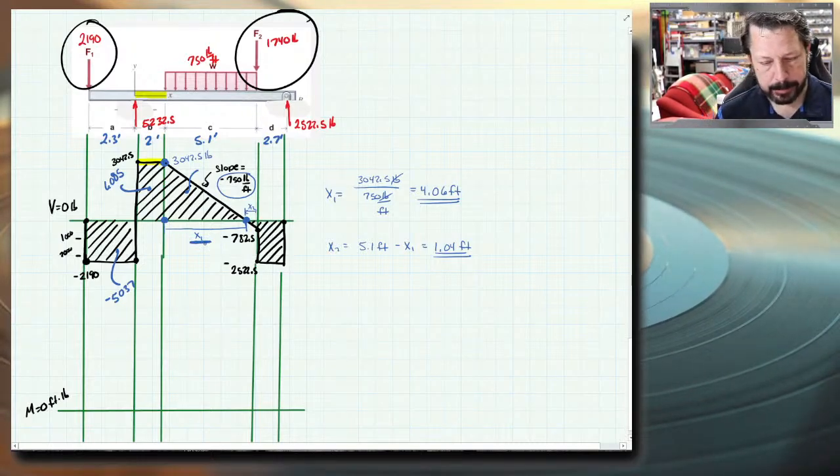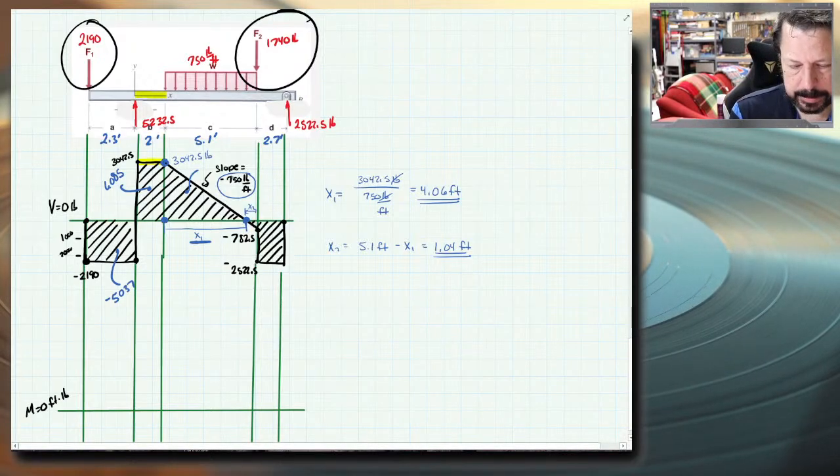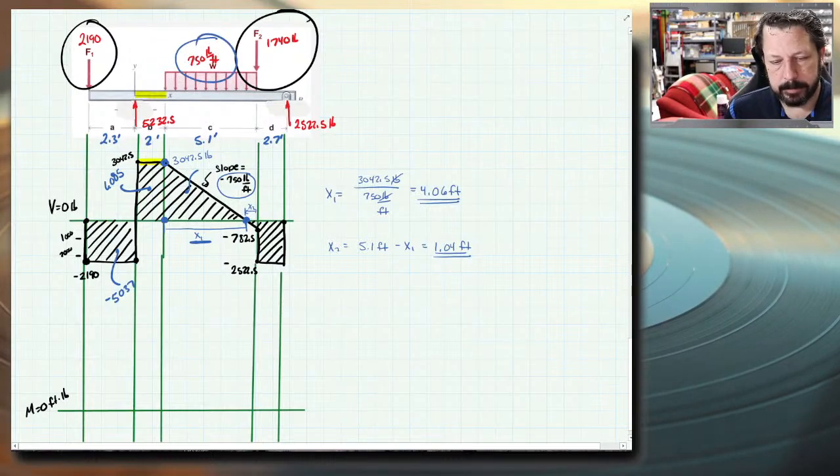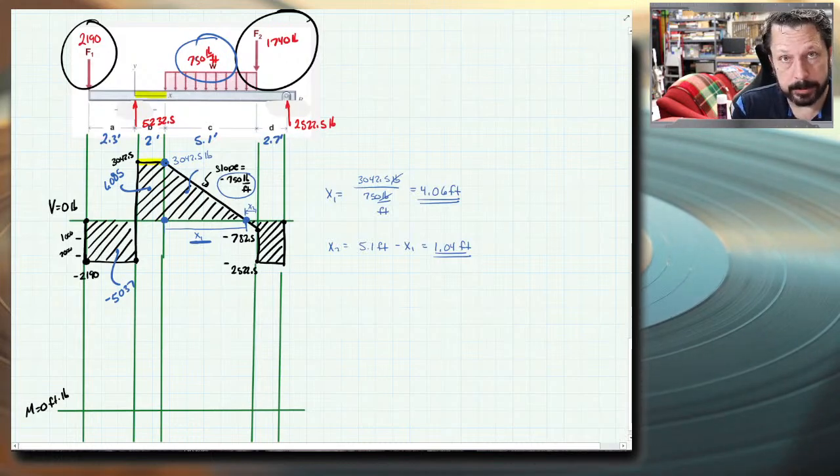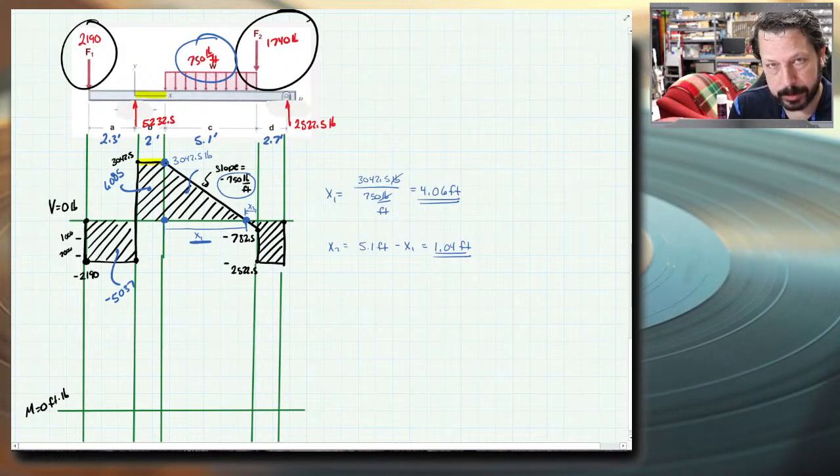And we did that by recognizing that the slope of the triangle here is the value of the distributed load. So the distributed load points down, 750 pounds per foot. So the slope of this triangle, the hypotenuse, is negative because it's pointing down, 750 pounds per foot.